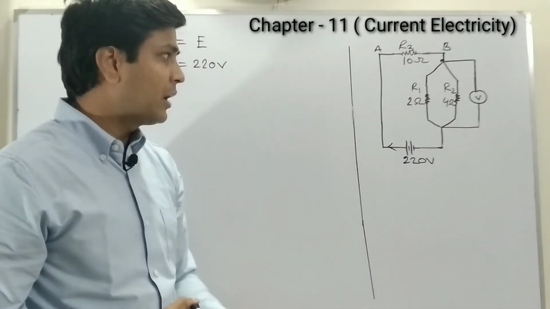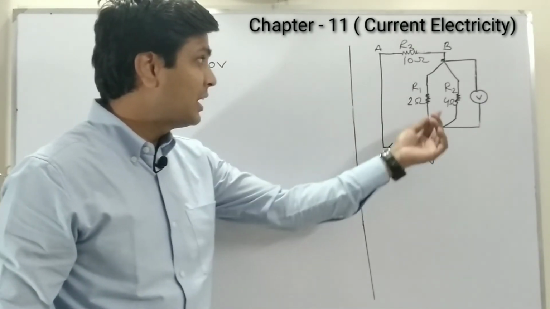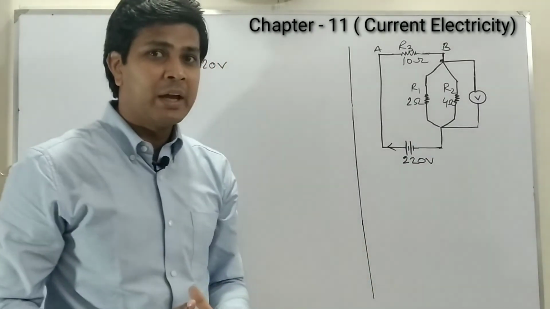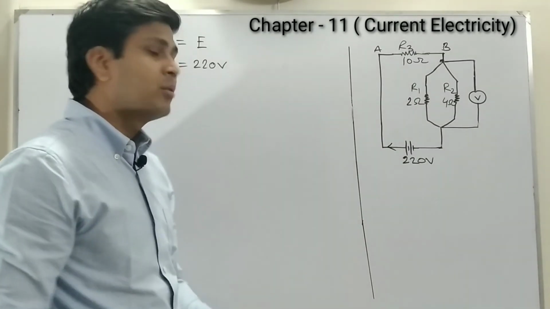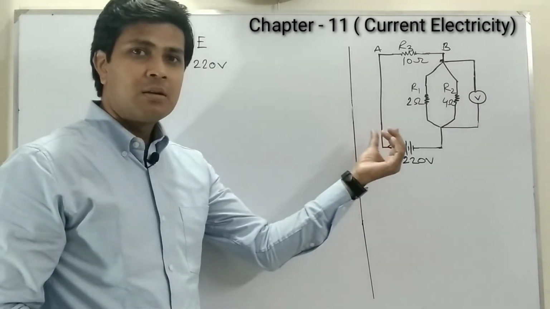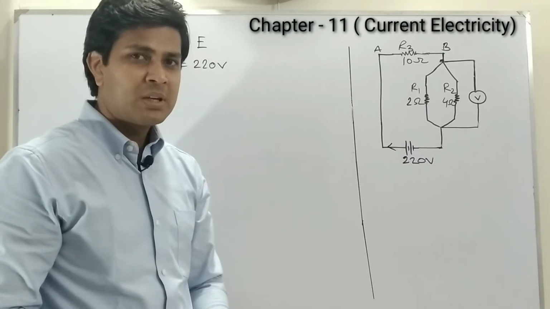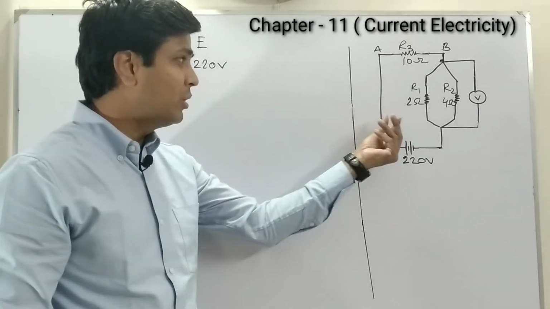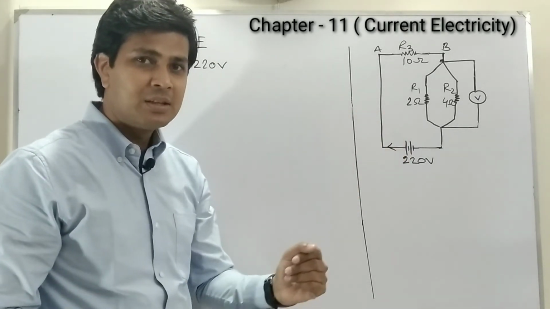So if you want to calculate the potential difference across R1 and R2 again, the potential difference will not be equal. So we have to calculate the equivalent resistance first. Let us see how we can calculate the equivalent resistance of the circuit.